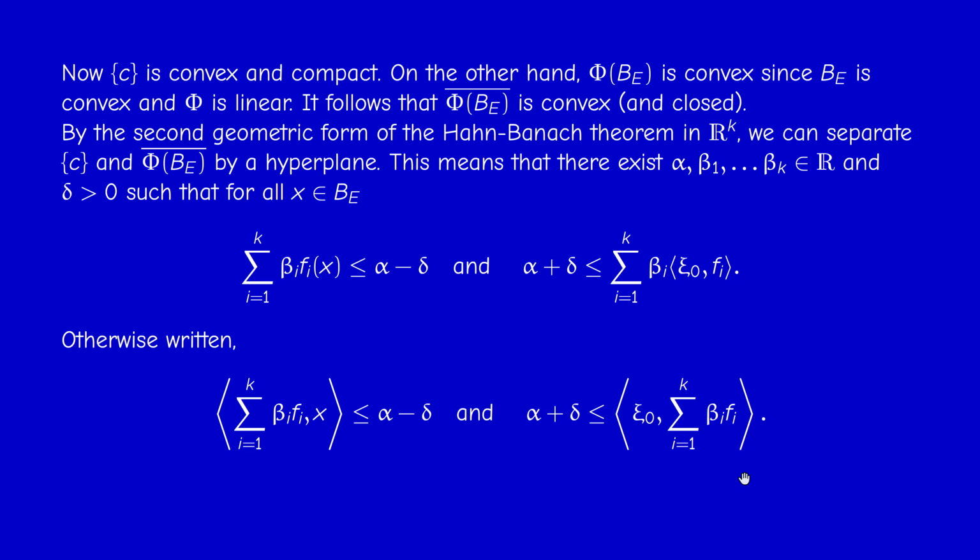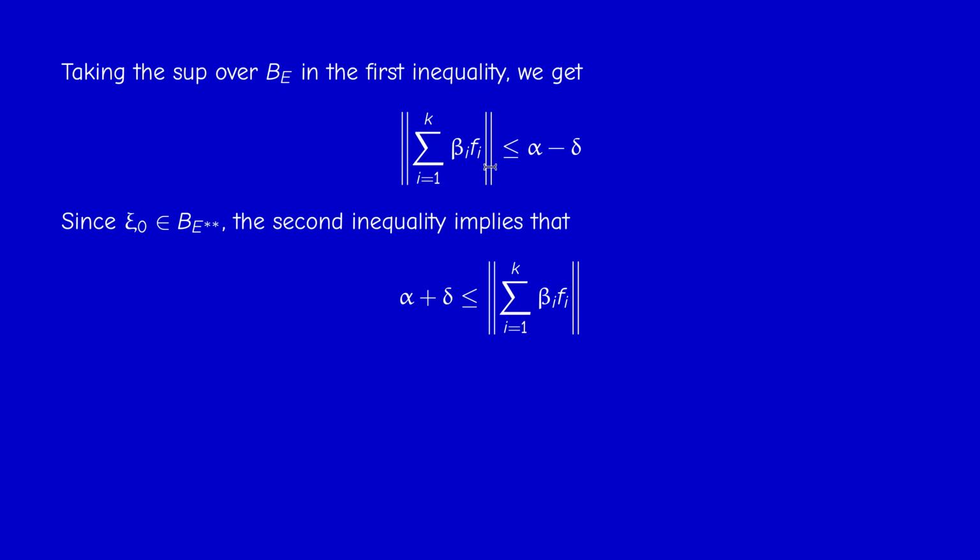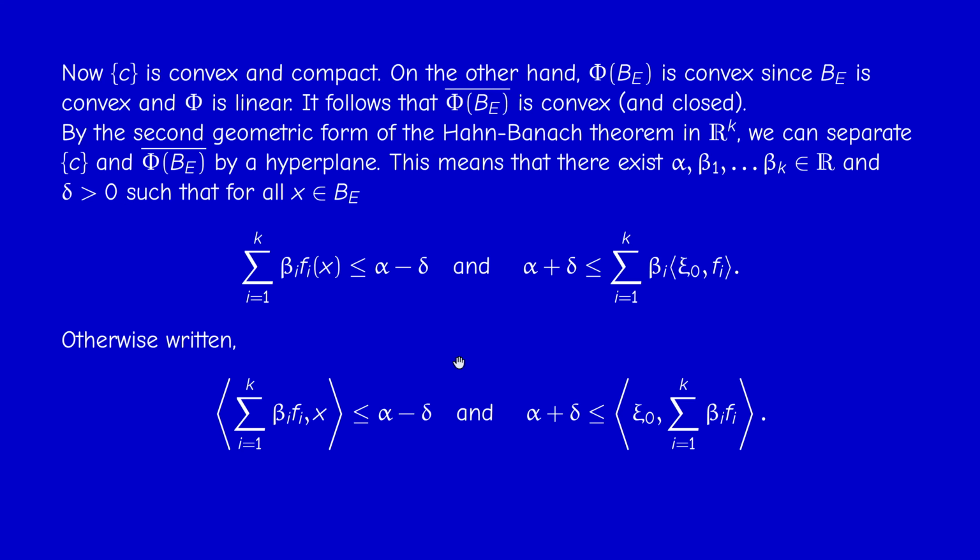This is the basic definition. So the first inequality tells me that the norm of this element in the dual is less or equal than alpha minus delta, because this is just the supremum. And the other inequality tells me that this is less than the norm of Xi0 times the norm of this element.